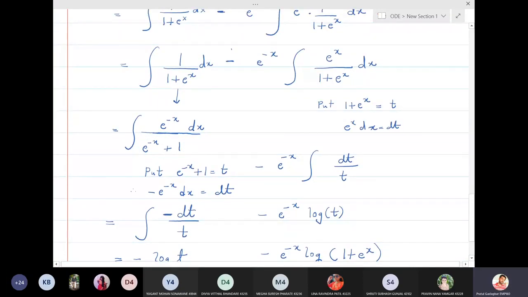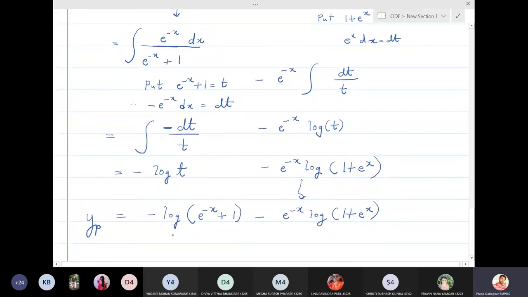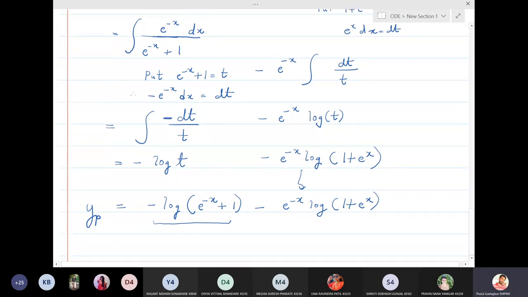Now it may happen that some of you may use a different technique to solve this integration, and it may appear that you have got a different answer from what I have obtained, but the thing is that both the answers are the same.